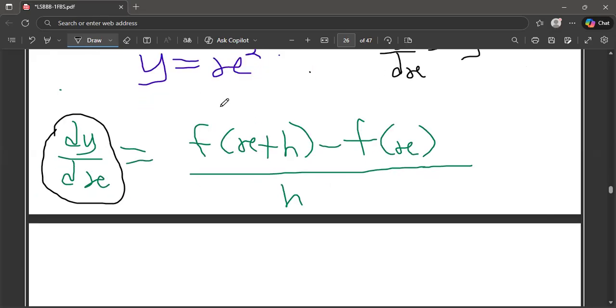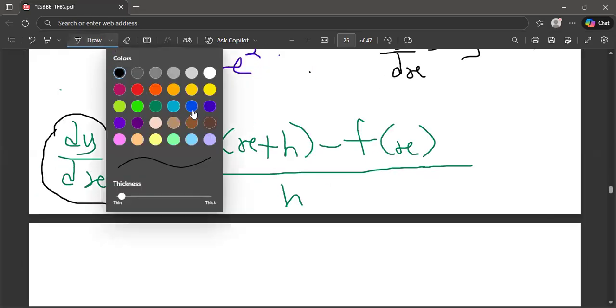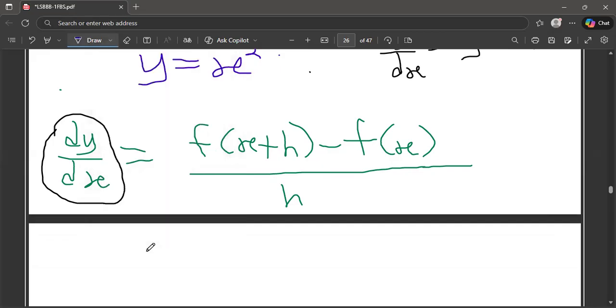So how do we express this in this form? You can see that our function is in the form of: the first one is f of x plus h.